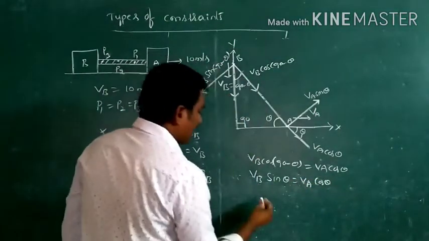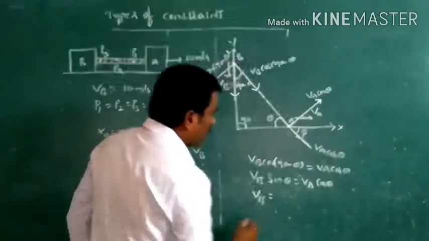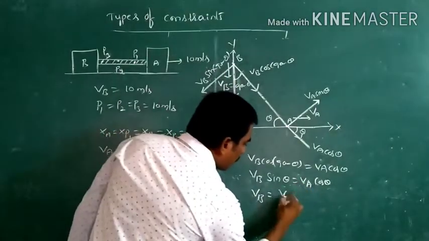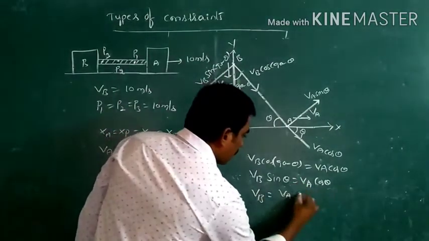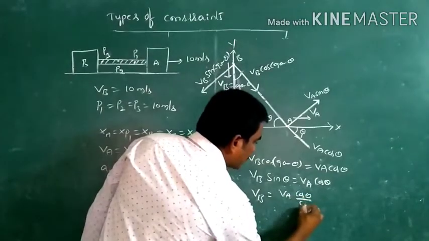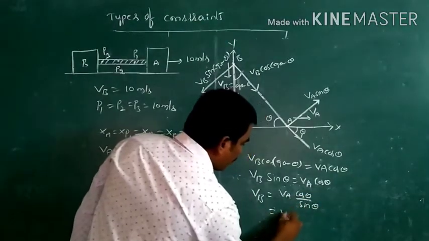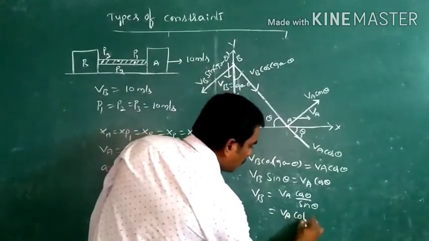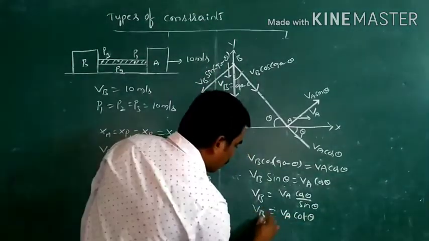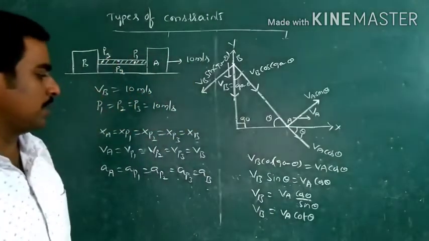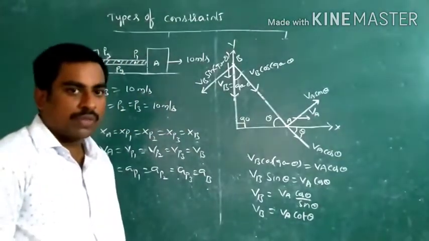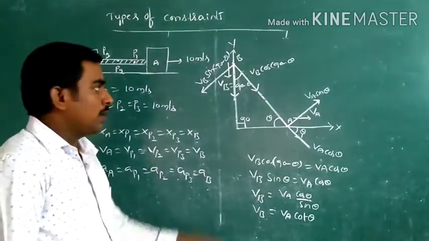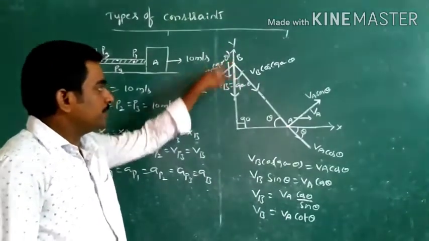I want VB. The velocity of point B is VA cos theta by sin theta, which can be written as cot theta. So VB equals VA cot theta. This is one of the ways we calculate the velocity of particle B.